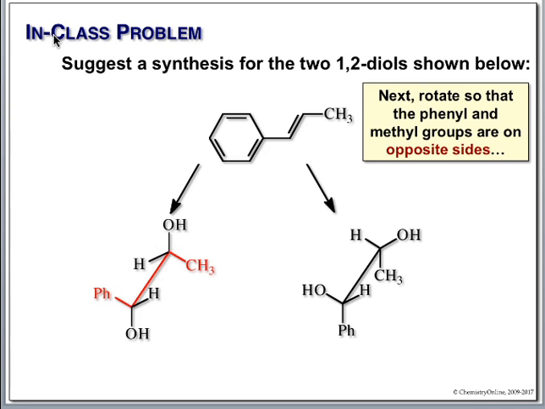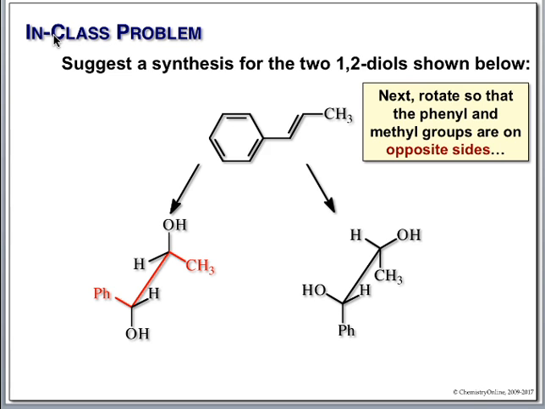Now you look at it and say, okay, I got my phenyl and my methyl trans. What's the relationship for my two hydroxyls? This one is pointing up, this one is pointing down. What is that? That's trans, isn't it? How do we make a trans 1,2-diol?